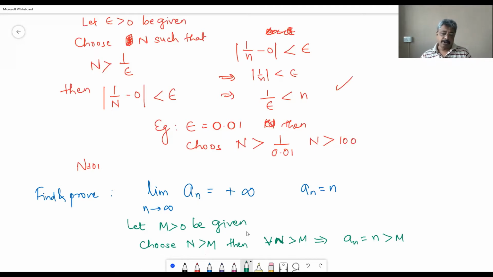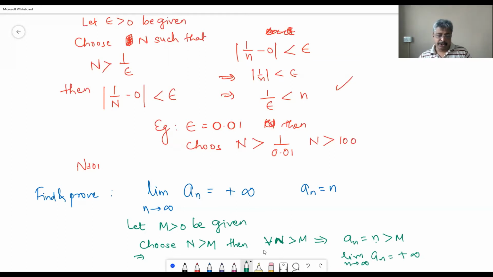Okay, how do we do these calculations? Those are the calculations, nothing else. You have been given M and you should show that you get n which is bigger than M. This implies limit n tends to infinity a_n is equal to plus infinity.